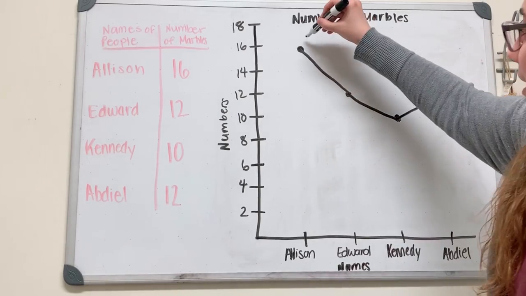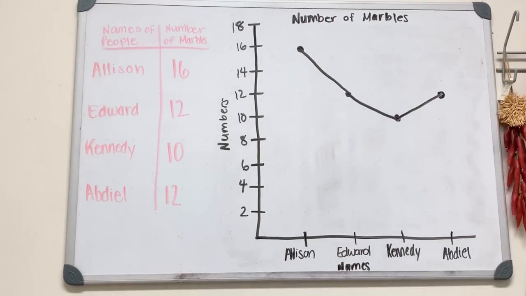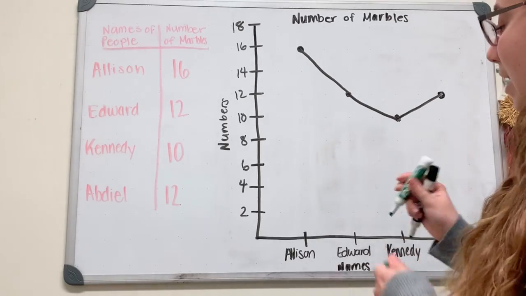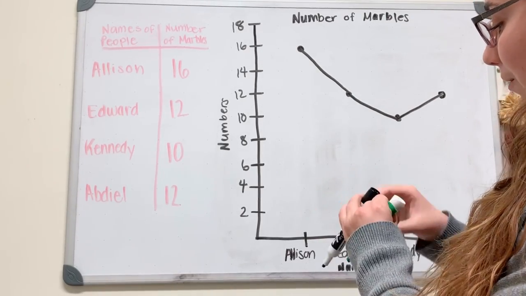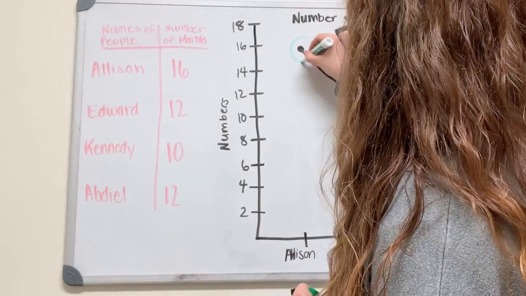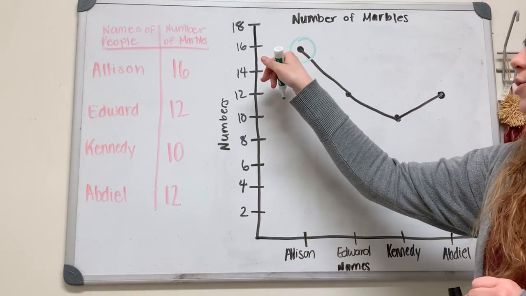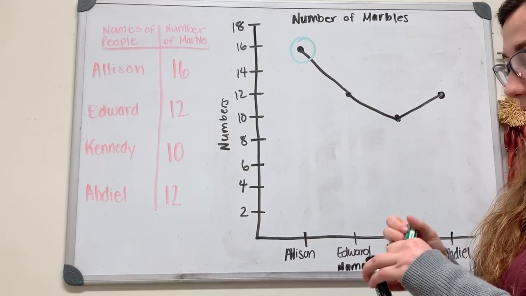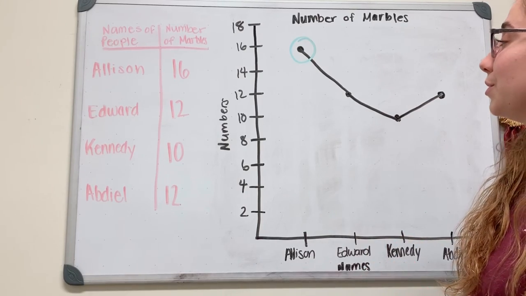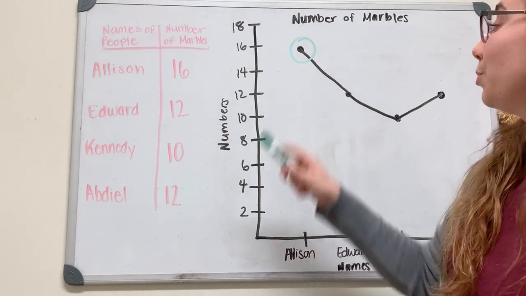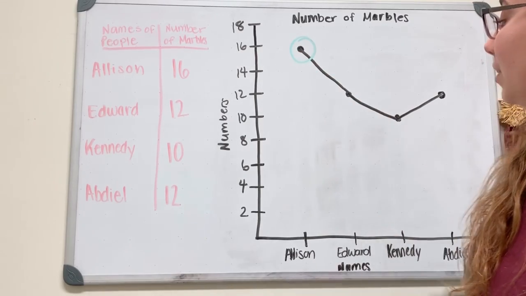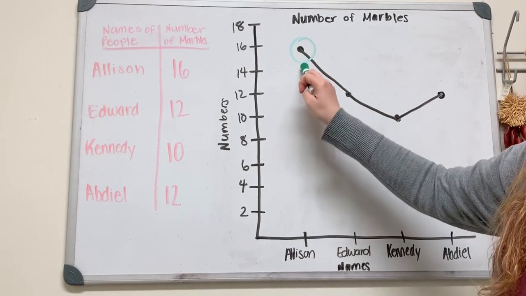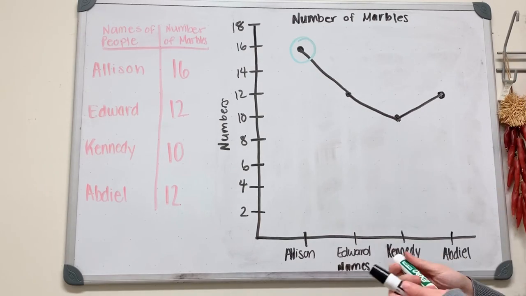So you see here we have a peak at the very top. This peak shows that this is the highest number of marbles. It is also the highest point on the graph. So you can see Allison has the most.